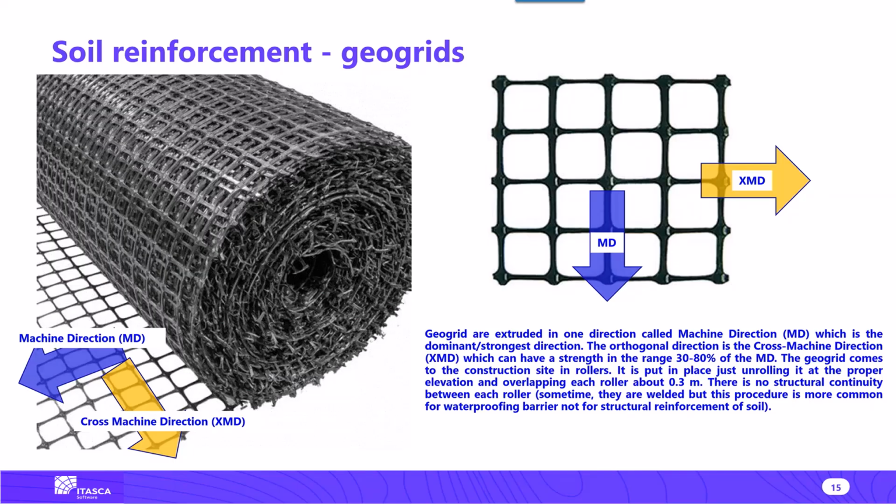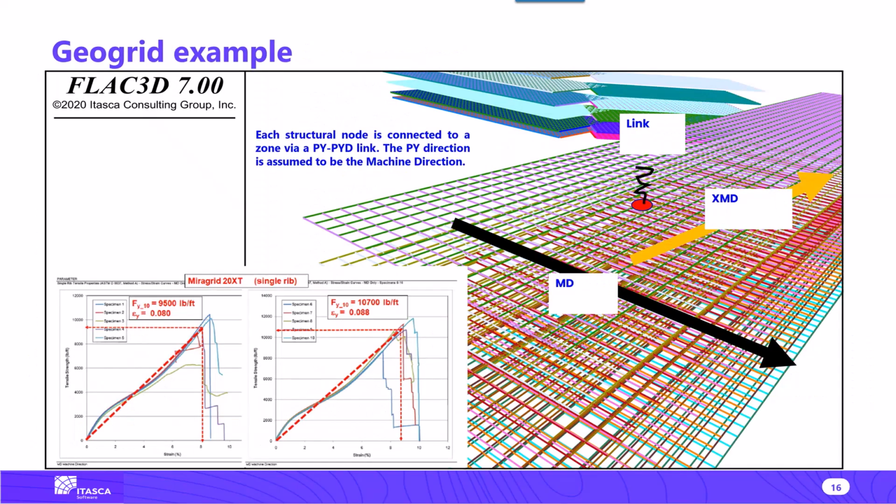So the way this is modeled is essentially as a net of cables, in which the cables accept the properties in the machine direction and in the normal machine direction. There are links that transfer, let's say, the normal force in the node, and then also the shear capacity in terms of pull-out force.